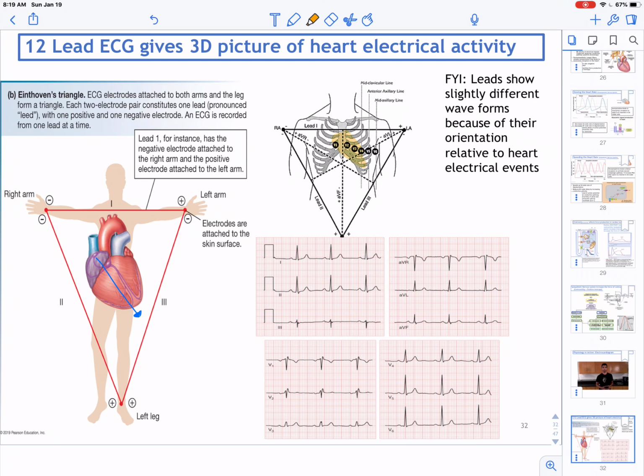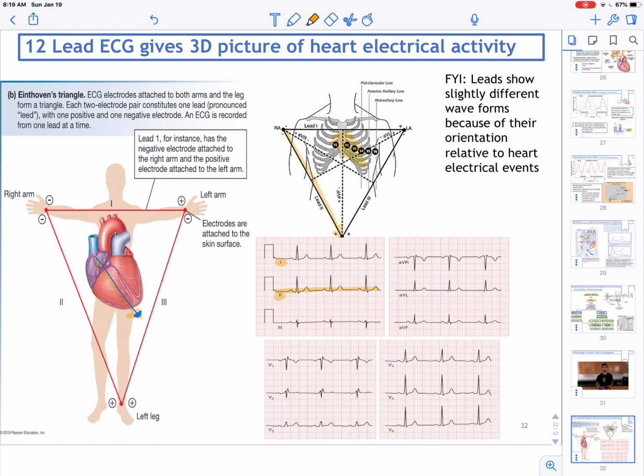And we'll look in more detail in a couple of slides, but this is just showing you a trace. And remember, the lead 2 is what we typically see in textbooks, and that's what we're going to look at. The lead 2 shows the current traveling towards this electrode, which is the main axis of ventricle depolarization.